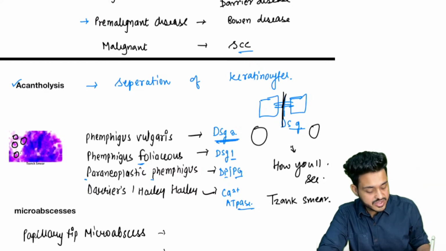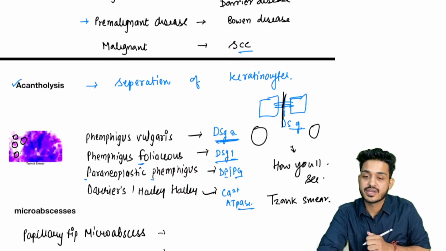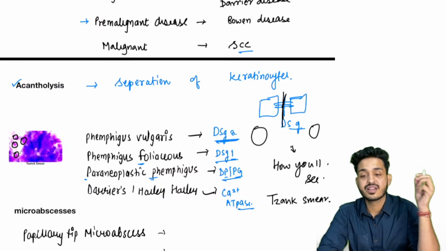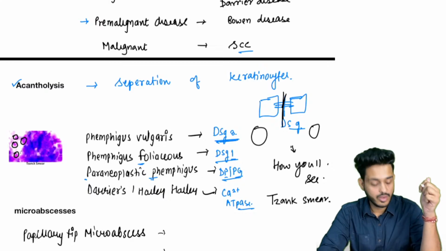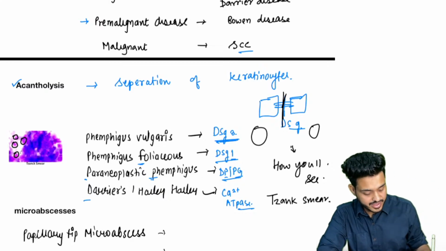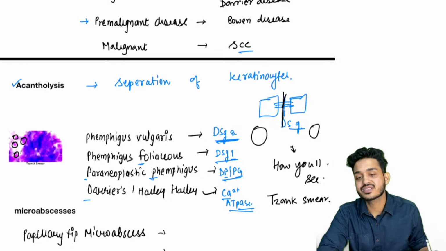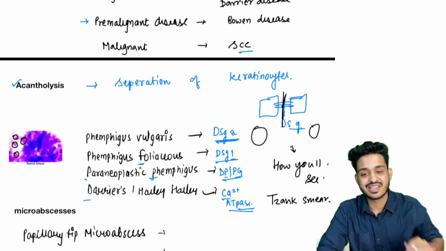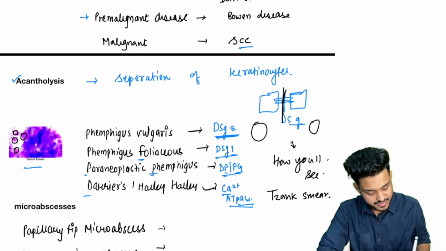In pemphigus foliaceus antibodies are formed against desmoglein 1. In paraneoplastic pemphigus antibodies are formed against desmoplakin and plakoglobin. And the last one is your Darier's, that is your calcium ATPase के against antibody बनेगी, be it IgG type or IgA type. आगे देखेंगे उनको. ठीक है, so this is your Tzanck smear.